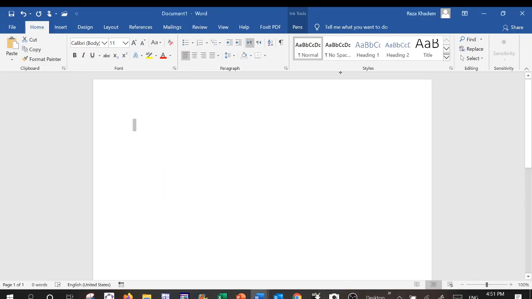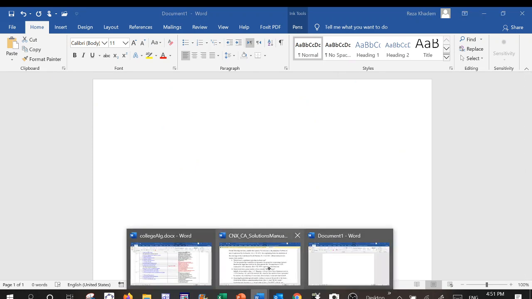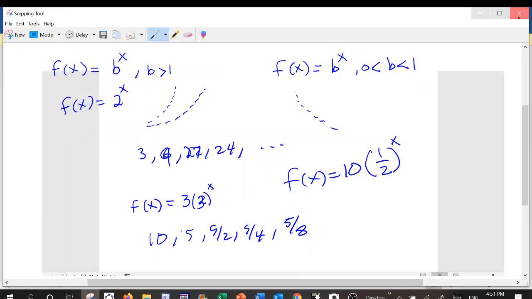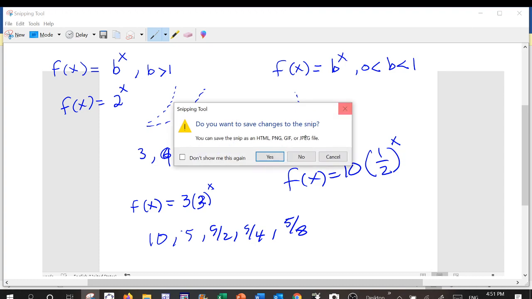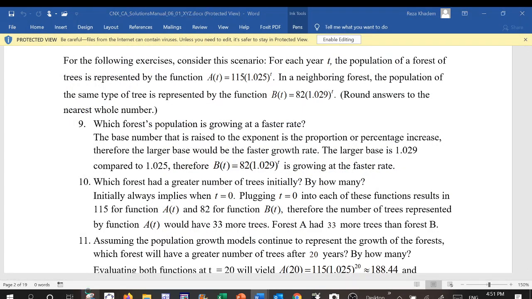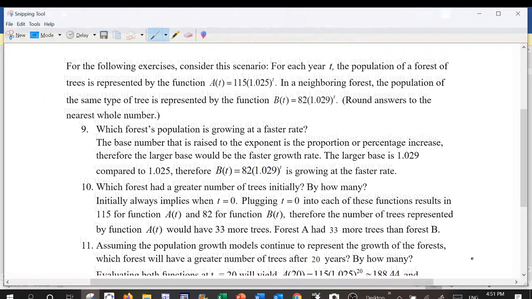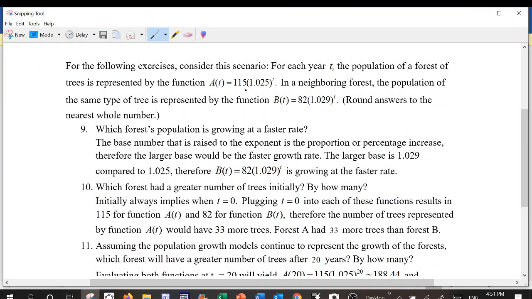So now that we know this, let's go back to this problem and talk about it. Notice that this forest grows like this. The population of the forest trees is represented like that, and the other one looks like this, right?